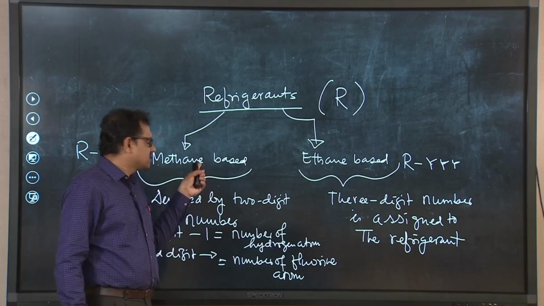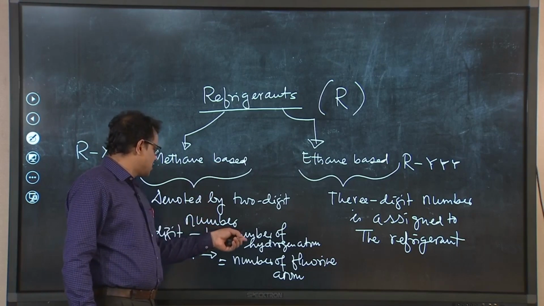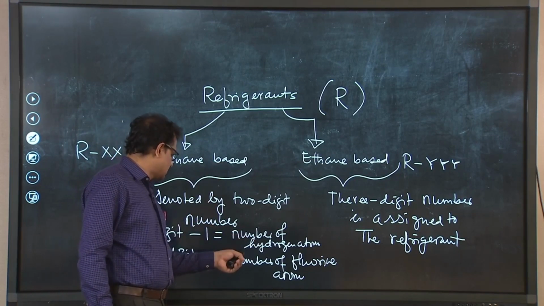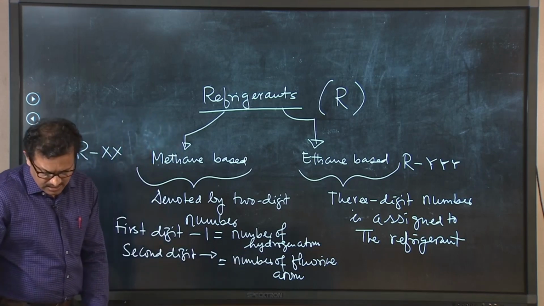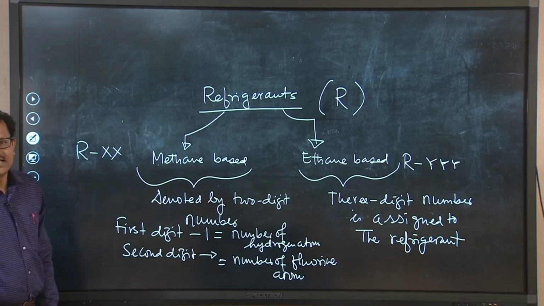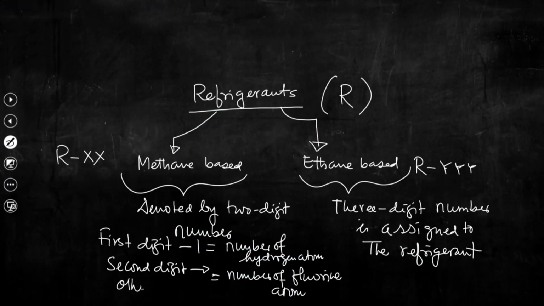So, this is basically CH4. So, the first digit is number of hydrogen atoms, second digit is number of fluorine atoms, and other atoms are basically chlorine.